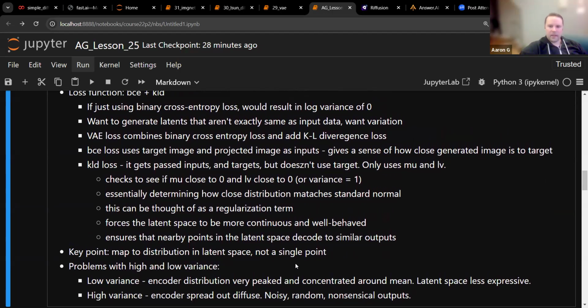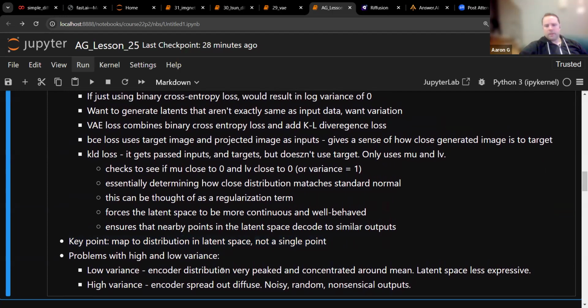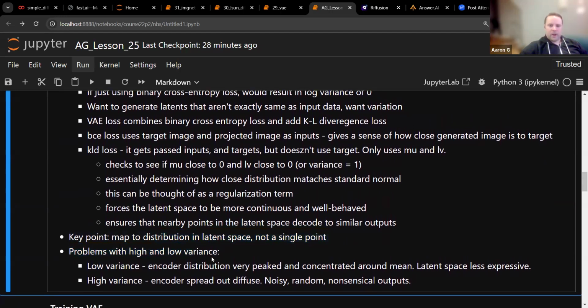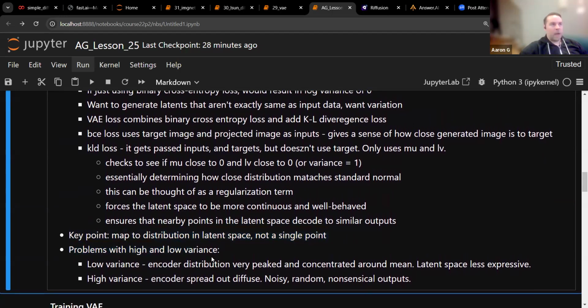I think that's the key of why this actually works better for generation compared to the autoencoders. Yeah, and the idea there is if you map two points that are similar in latent space, when you decode them, those images should look similar to each other, right? That's the main point.